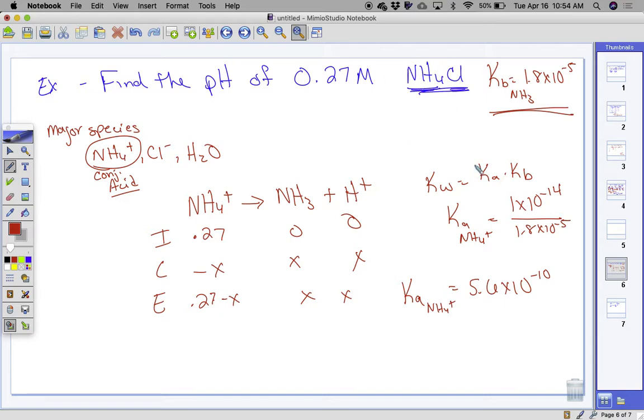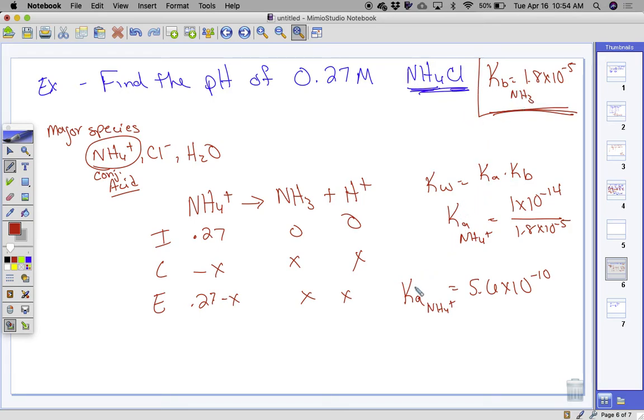You have to calculate the conjugate's K value. They don't tabulate it because you can calculate it, so there's no reason to have two tables. I don't need a table of weak acid Ks and then another table of its conjugate Ks. So you will only be given the K for the actual weak acid or weak base, but what's in the salt is its conjugate.